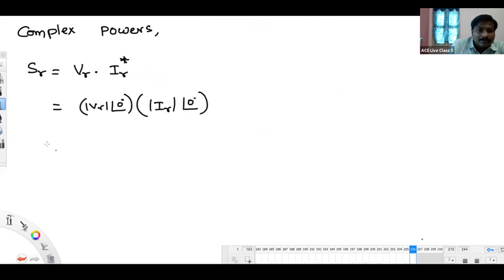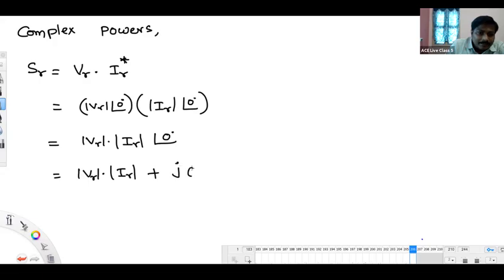So it will be mod VR into mod IR at an angle of 0 degrees, and there you get a real part and an imaginary part. The real part is the magnitude VR IR, and the imaginary part will be 0.